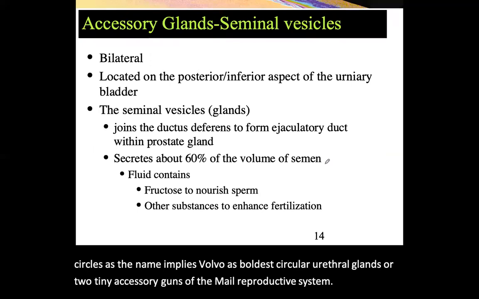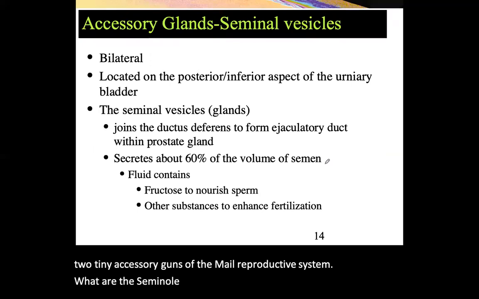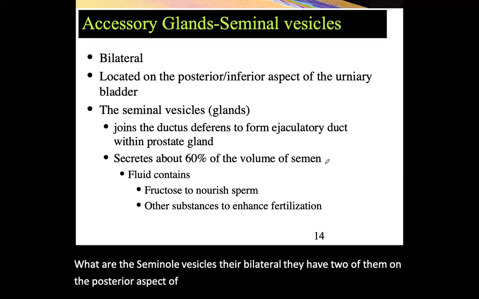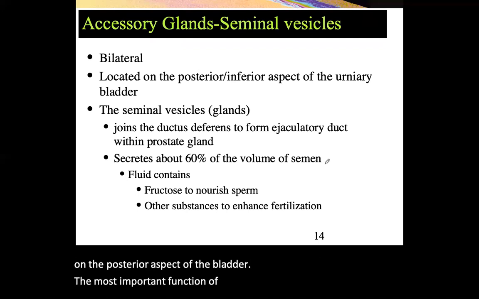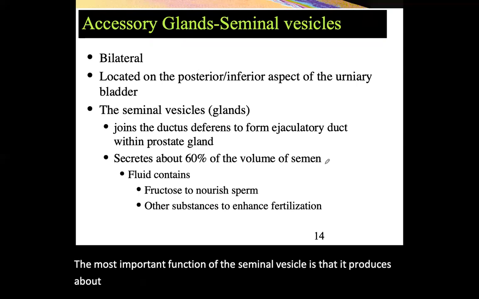So what are the seminal vesicles? They're bilateral. You have two of them on the posterior aspect of the bladder. The most important function of the seminal vesicle is that it produces about 60% of the volume of what we identify as semen during ejaculation.